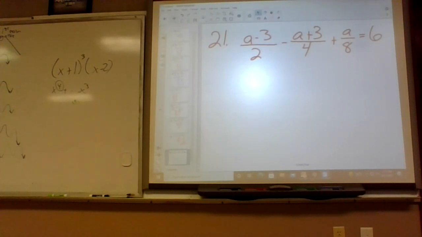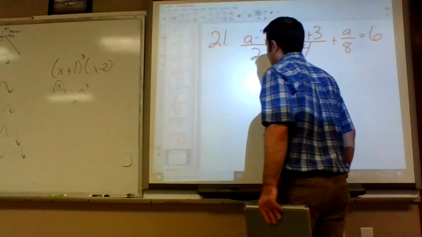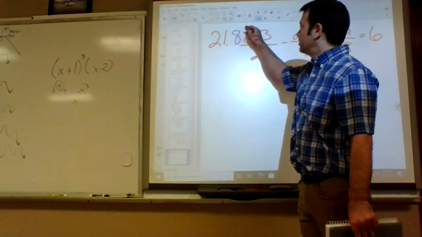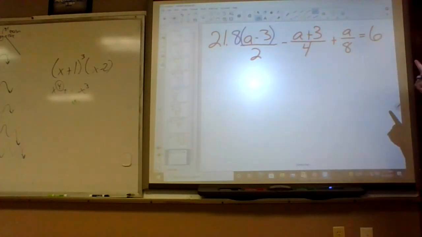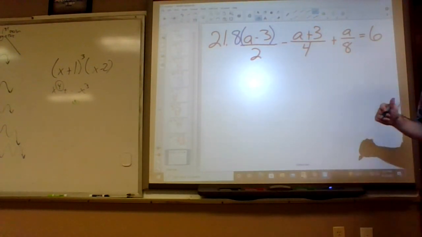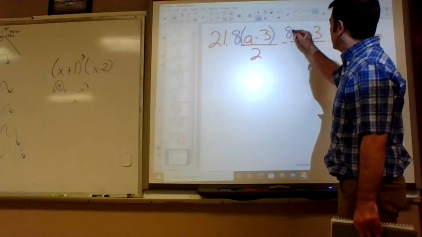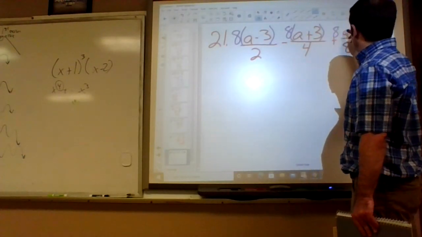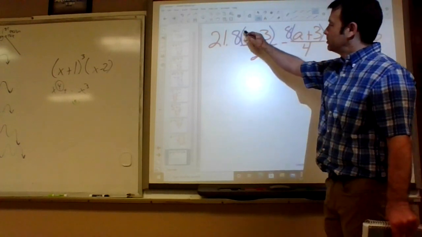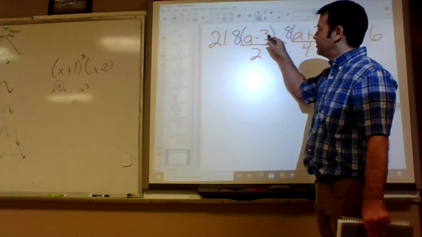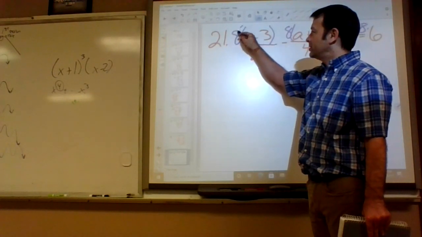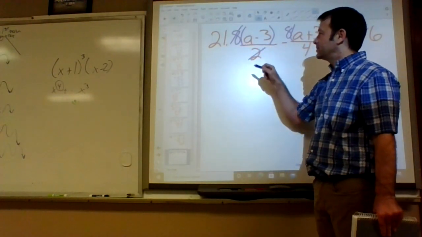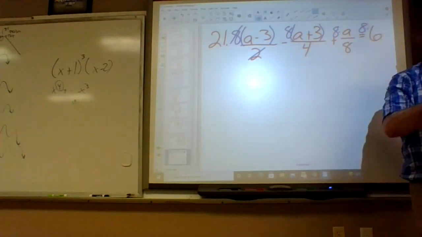When we multiply that first term by 8, it's really not just the a we're supposed to multiply by 8. It's really all of it gets multiplied by 8. But I'm not going to multiply by 8 yet. We could multiply those first and then divide them both by 2. That would work. But I'm going to divide first, just like we did on the first problems.